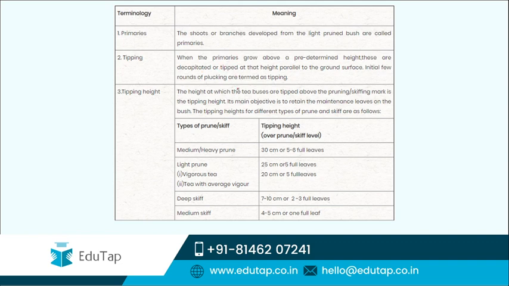Yes, it's tea. First, let us see what primaries are. The shoots or branches that develop from the light pruned bush in tea plantations are called primaries. When these primaries grow above a predetermined height, they are decapitated, or the top leaves and buds are removed, so that at a height parallel to the ground surface, the initial few rounds of plucking are termed as tipping.